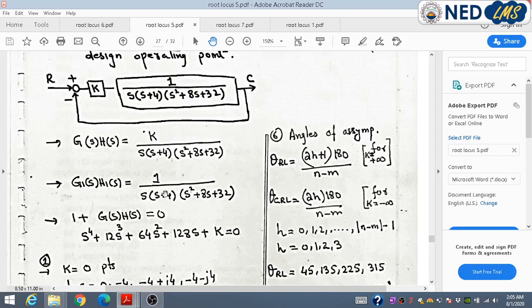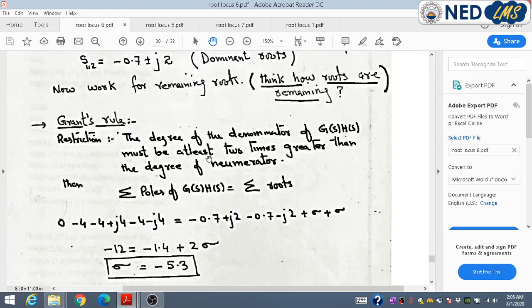The degree of the denominator is 4, the degree of the numerator is 0. Therefore here we can apply this rule in an easier manner, which states that the sum of the poles of GSH is equal to the sum of the roots which we are designing, which we are going to find out at a particular design specification.